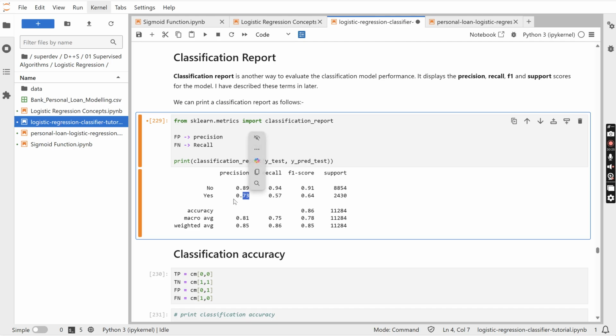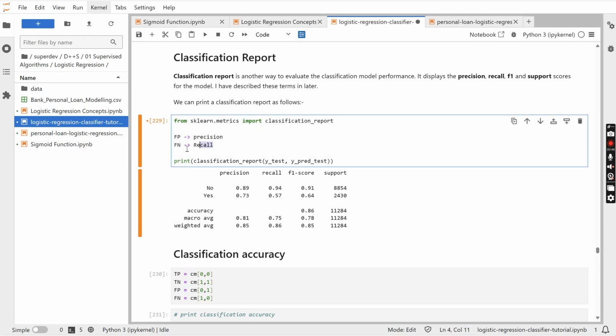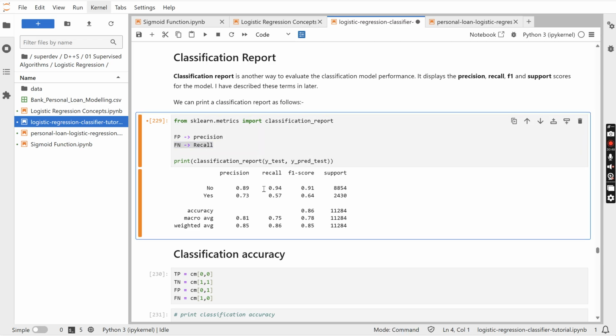That means the model said it won't rain, but it rained, for 11% of the cases. The model said it will rain, but it didn't rain, for 27% of the cases. That is what precision is saying. Likewise, recall is a measure of false negative. That means for 6% of the cases, the model said it won't rain.